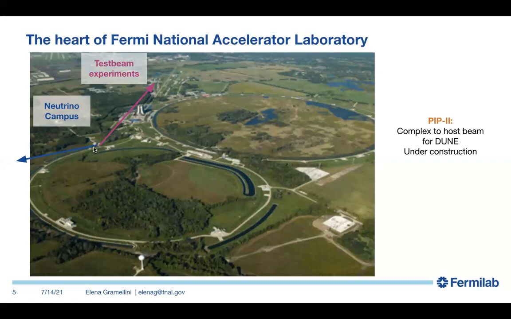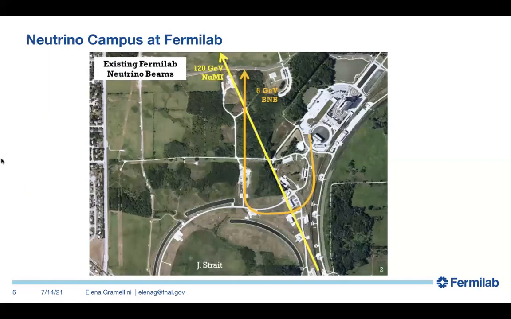So in the neutrino campus, if we were to follow this line and look on top, at Fermilab, we would have 2 neutrino beams, the BNB that comes from the booster, and the NuMI beam. And because of the nature of neutrinos, you can put several different experiments on the same neutrino beam, because basically neutrinos don't see anything.